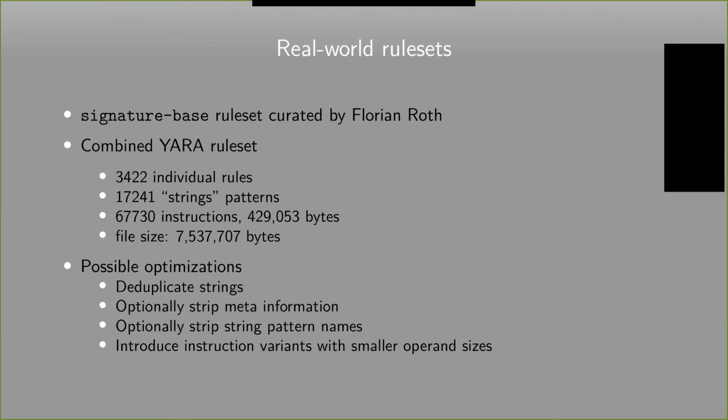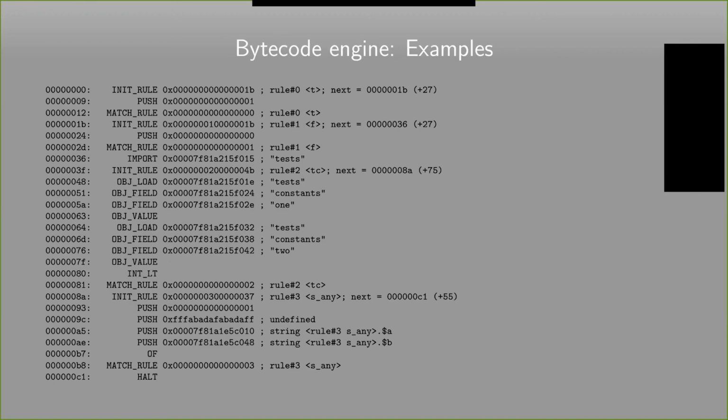And as we've seen in the examples, the instructions are quite sparse. There's not really a need to be encoding 64 bits for every small value that you push onto the stack. So there might be some optimization opportunity there too.